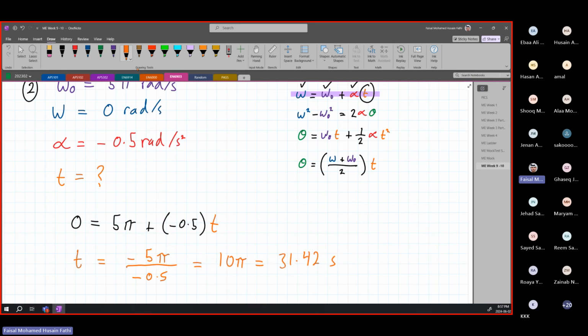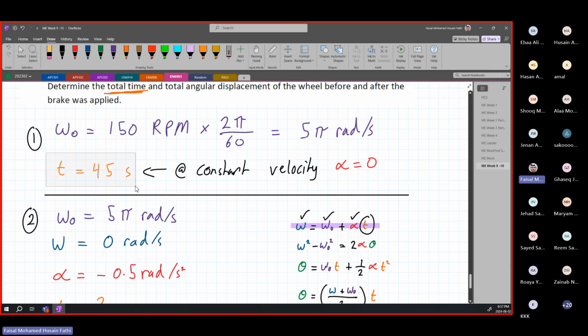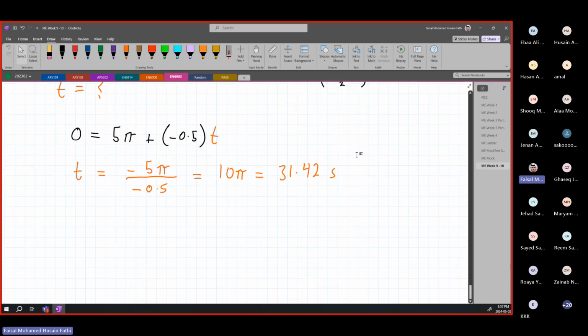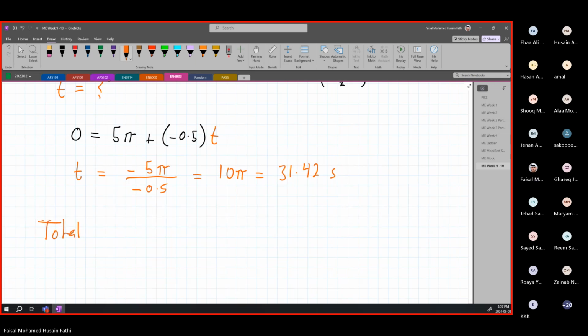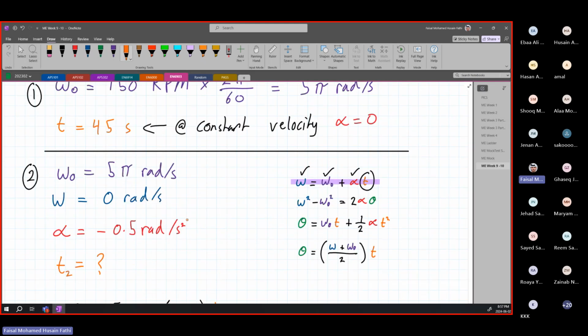Or in other words, 10 pi is 31.42 seconds. So for the first part, it was going for 45 seconds. For the second part, it was going for 31.42 seconds. So the total time will be T1 plus T2. Let's call this T1, all right.